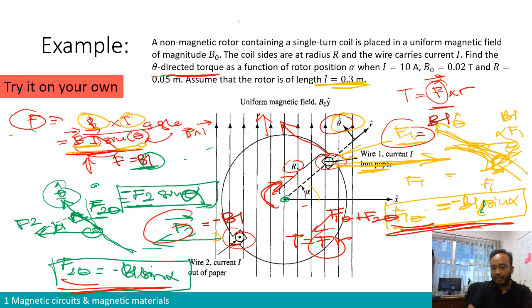If we write the equation now, T should equal the radius R multiplied by 2 times minus BIL sine alpha. That is the equation, the relation that will give us the torque as a function of rotor position alpha.